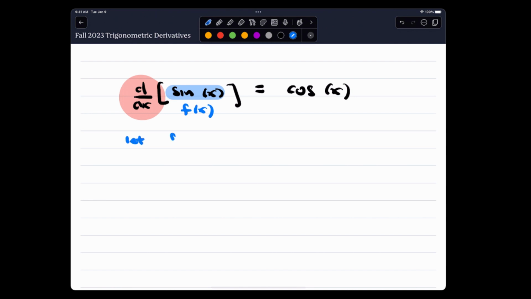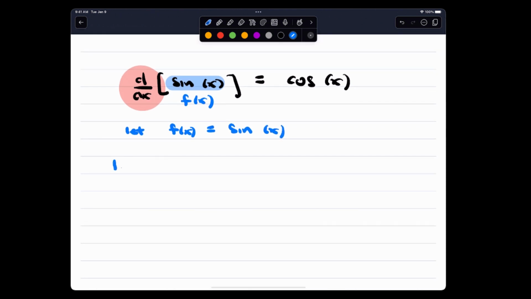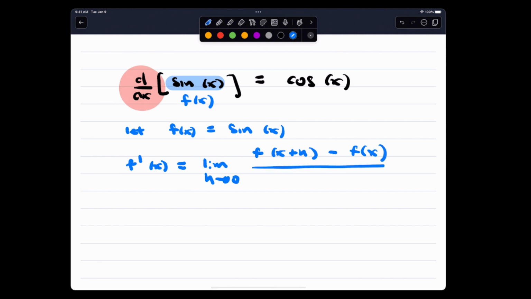So let's take a look at the sine function. And of course, all that time we used to find the derivative using the definition. We're going to apply the definition. So this is f of x plus h minus f of x, everything over h.